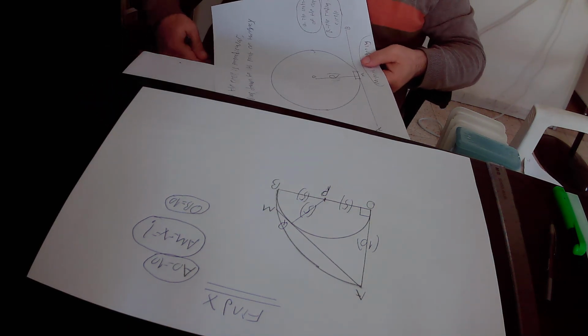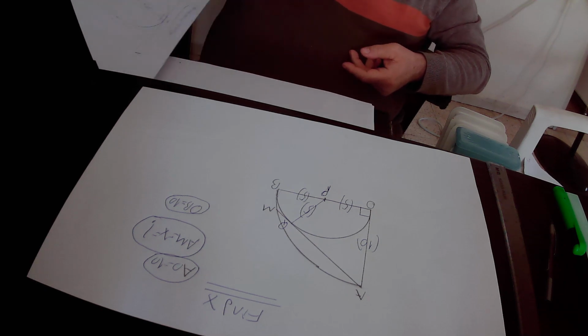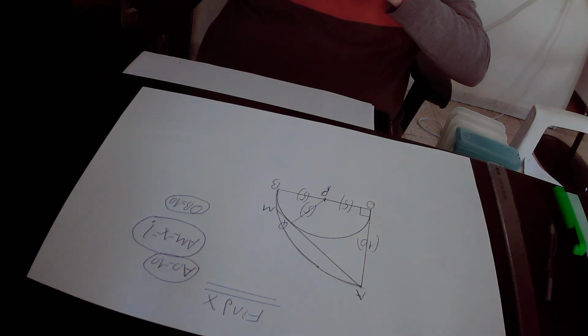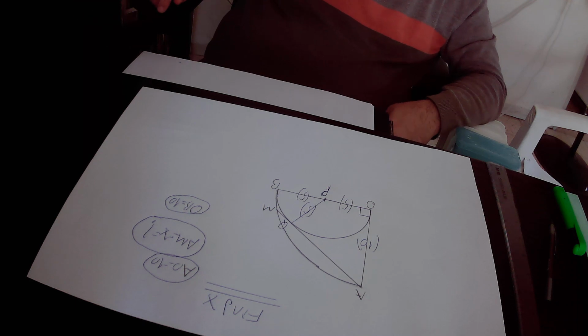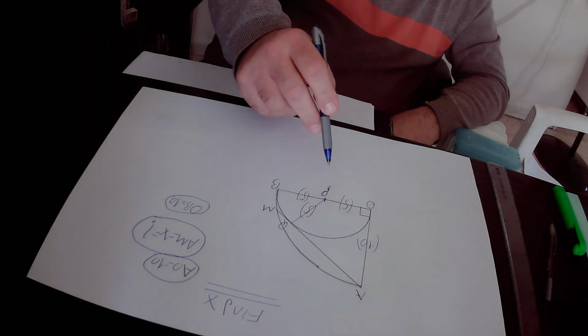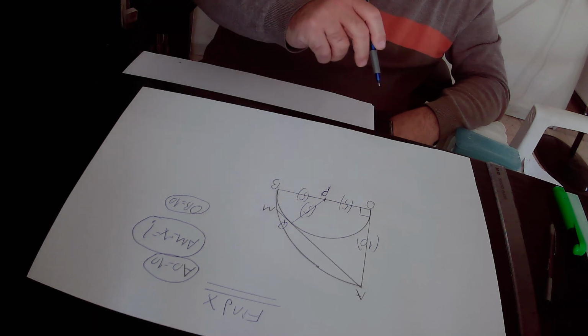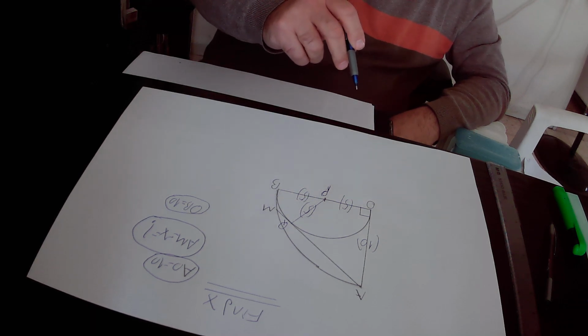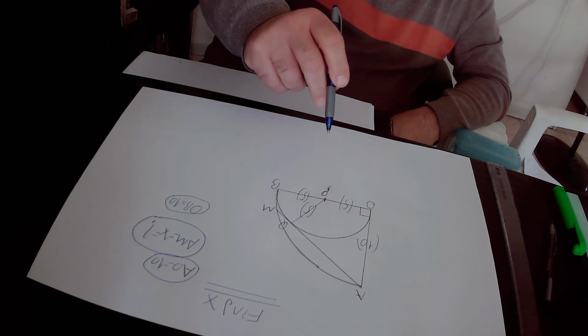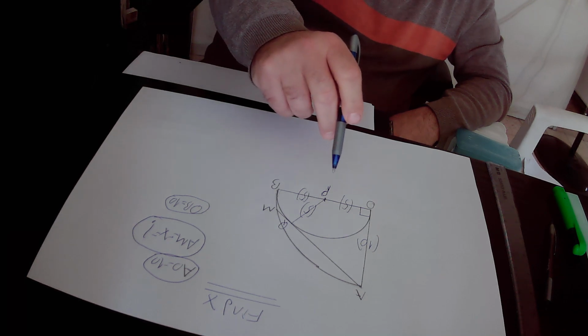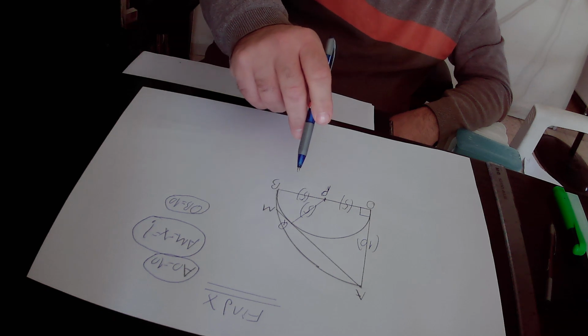Why? Because in our drawing we have the radius PQ of this semicircle that is drawn to point Q, that is the point of tangency of tangent AM with this semicircle.